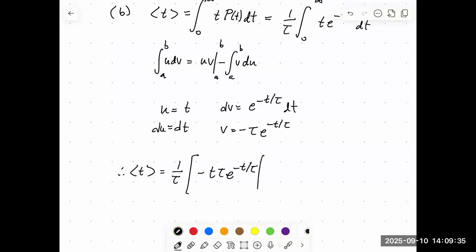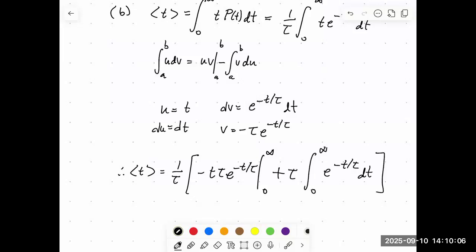And now I'm going to explicitly put in the limits that we have to evaluate this over. And then we go minus v du. But v has a minus sign, so we'll get a plus tau integral from 0 to infinity, e to the minus t over tau, and du is just dt. Okay, I guess I can close my brackets.